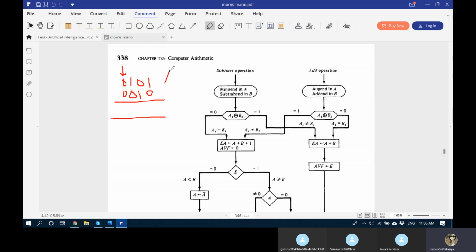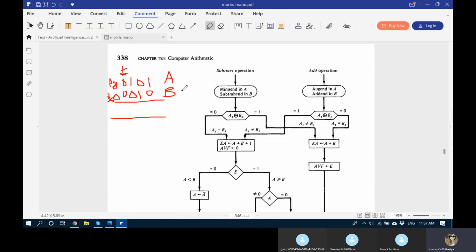This is A, this is B, and this both are 0 0. This is AS, this is BS. Okay, don't consider this to be sign. This is number, 4-bit number.